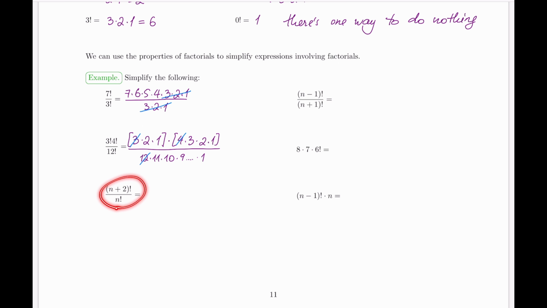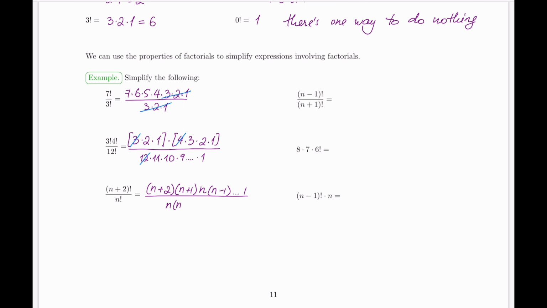So for example, here I have n plus 2 factorial divided by n factorial. Again, I cannot just cancel something out within the brackets. I have to think about what those brackets represent. So n plus 2 factorial means I'm going to start with n plus 2 and work my way down from n plus 2 all the way down to 1, divided by n factorial.